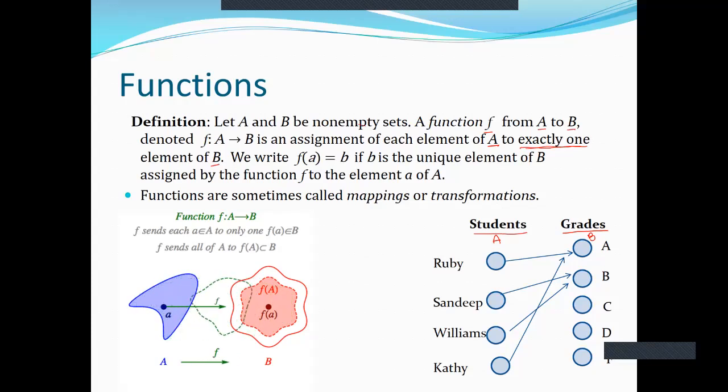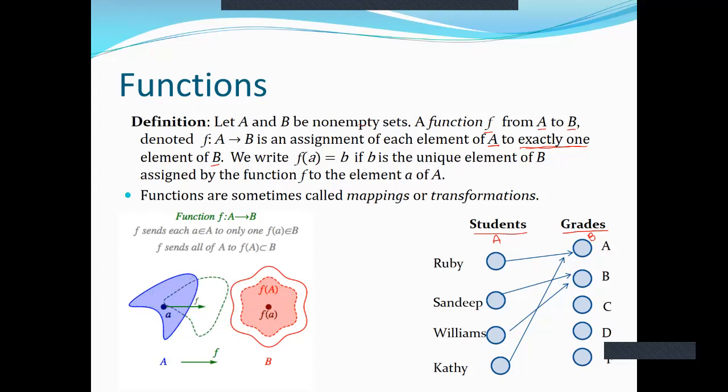So Ruby can have only one grade from set B. It's not logically possible for one student to have two grades at a time. I cannot say that Ruby has an A grade as well as a B grade. That's not logically true. That's what exactly one element of B means.